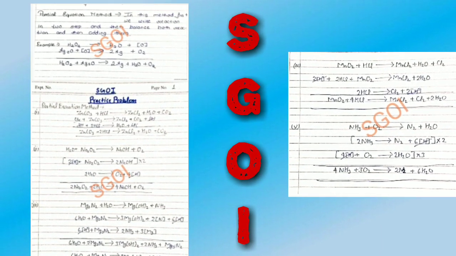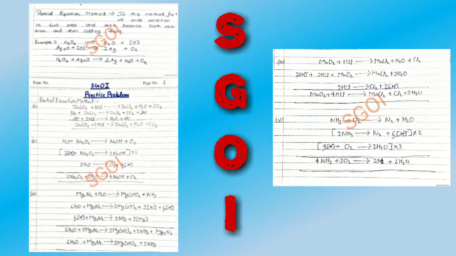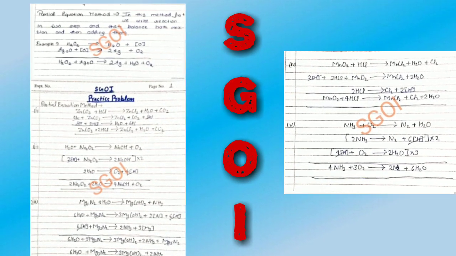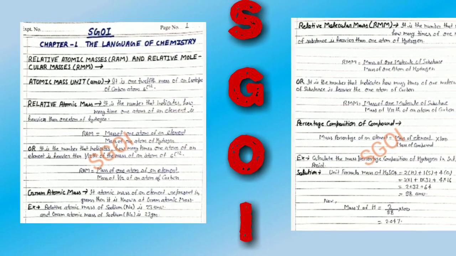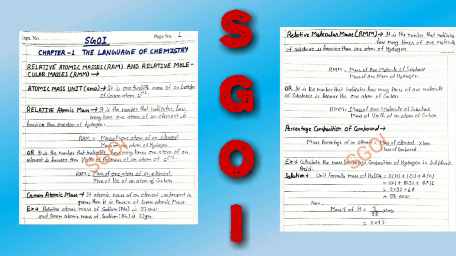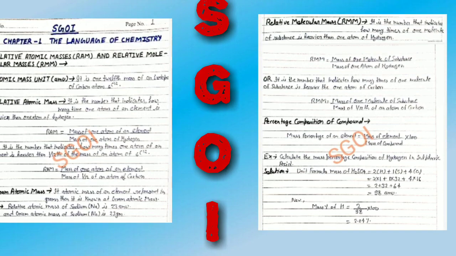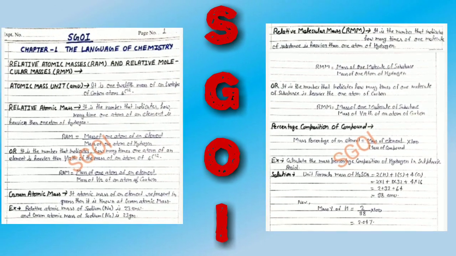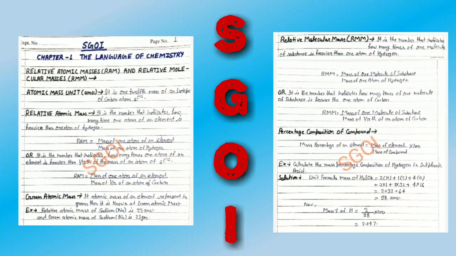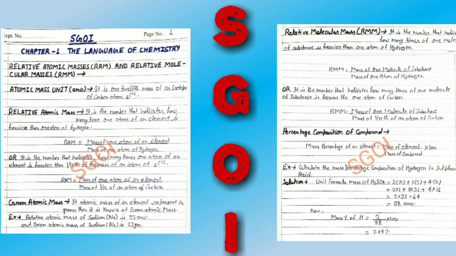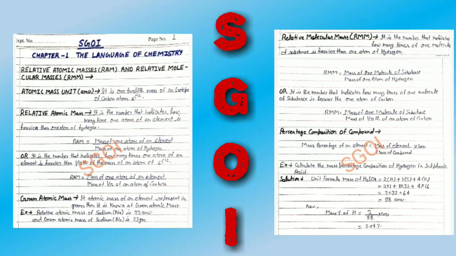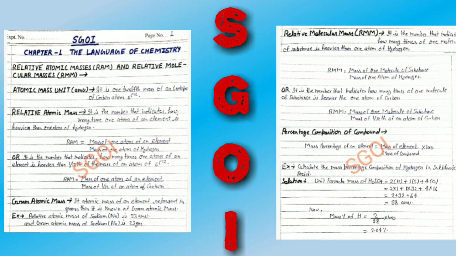Student, today I am giving you some definitions of relative atomic mass and relative molecular mass, that is RAM and RMM. First we explain atomic mass unit, that is AMU.